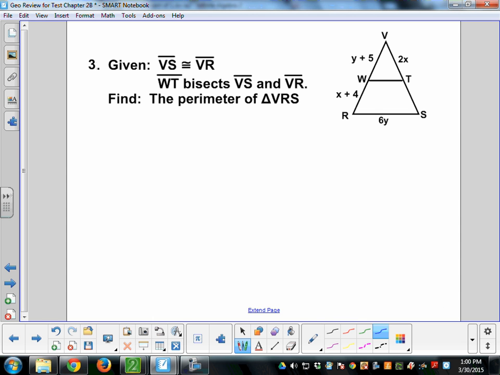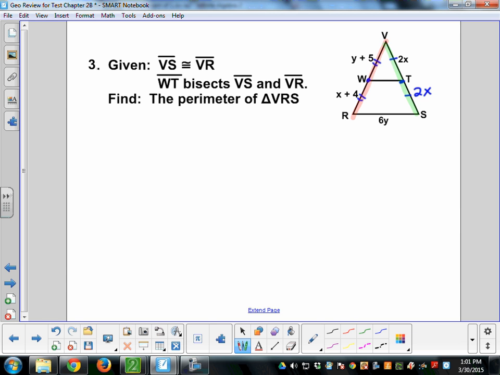So we started this in class yesterday and we realized that we could write 2x also right there for TS, because the T and W bisect the two sides. The other thing that we know is that VR and VS are congruent.